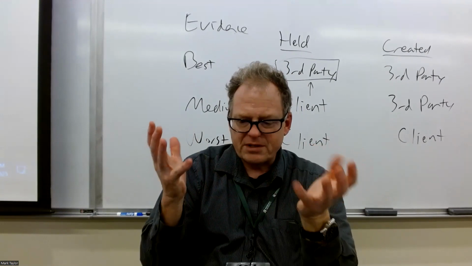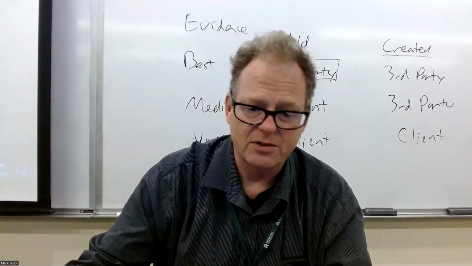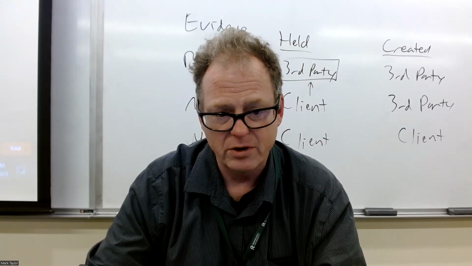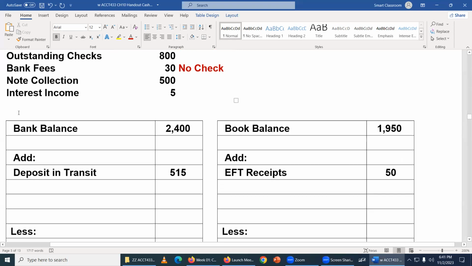Now, if you're in business and you're not used to collecting these, you say, okay, who collects checks? Well, the bank does. So you may have the bank collect that for you. They'll probably charge you a fee for it, but note collection would be something that the bank could do for you. You would probably find that out on the bank statement.